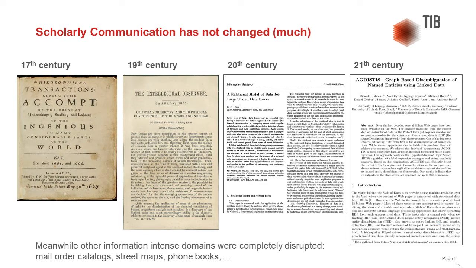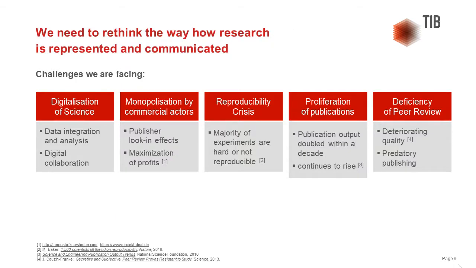And imagine if we would have to use a mail order catalog, a street map, a phone book, an encyclopedia, which you get by email or which you download as a PDF scan.